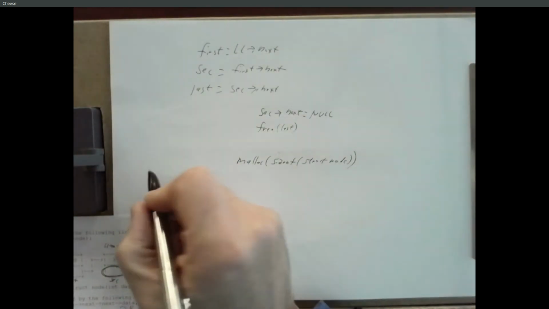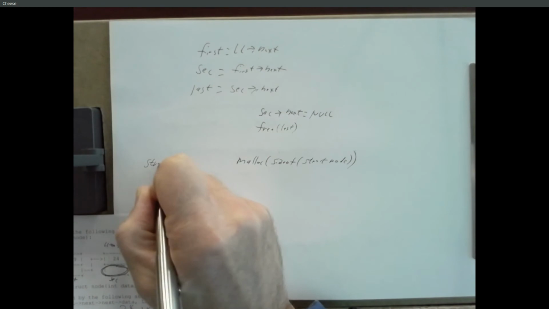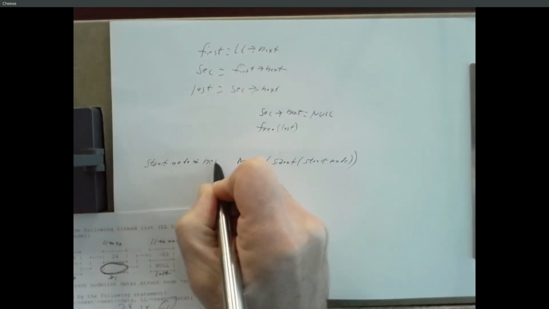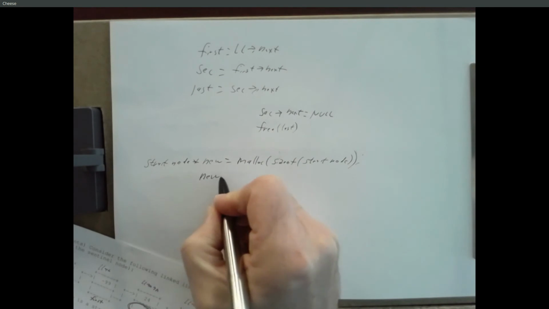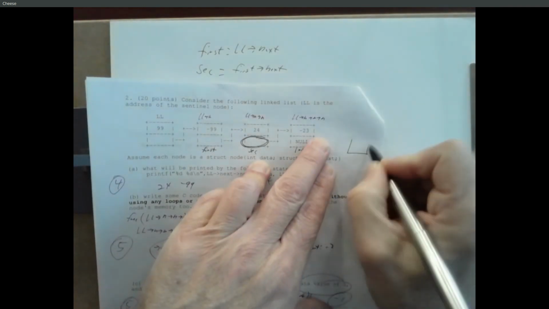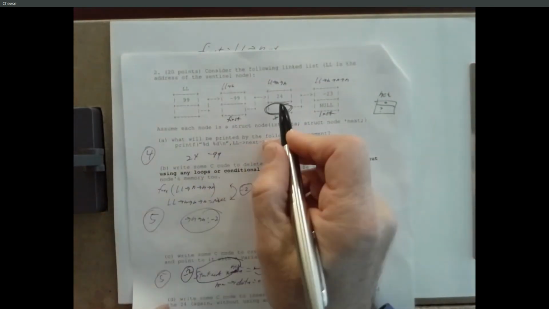Well, eventually we're going to point to this with a variable named new, so we may as well just call it that right now. Struct node star new equals that. And then you want it to have a data value of 0, so new arrow data equals 0. So now I've got another block up here, which I'll call new. It has a 0, and we didn't do anything with that next field. So now insert that new node between the -99 and the 24.